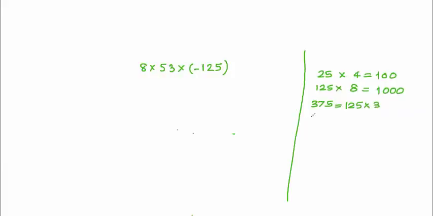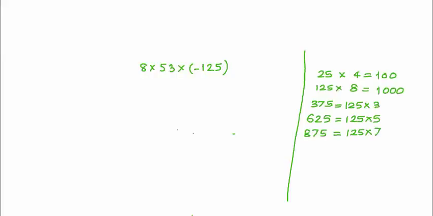Same way, 625 also is equal to 125 into 5, or 875. 875 is equal to 125 into 7. So whenever you see any of these integers 25, 125, 375, 625, 875, please try to locate the associated integer.